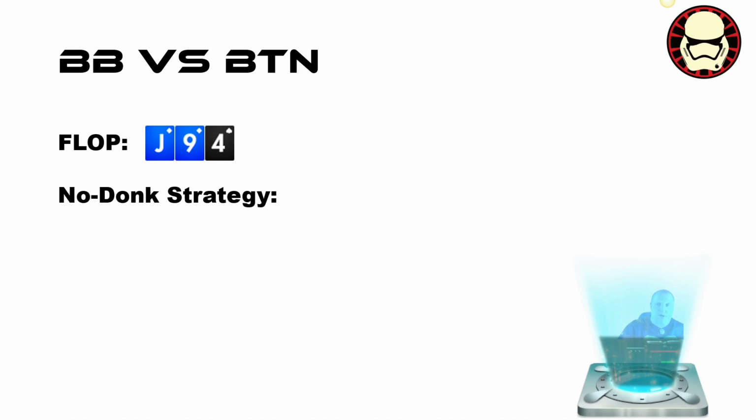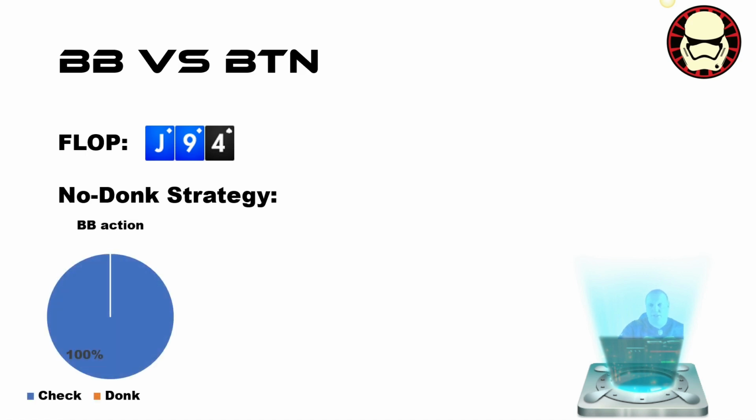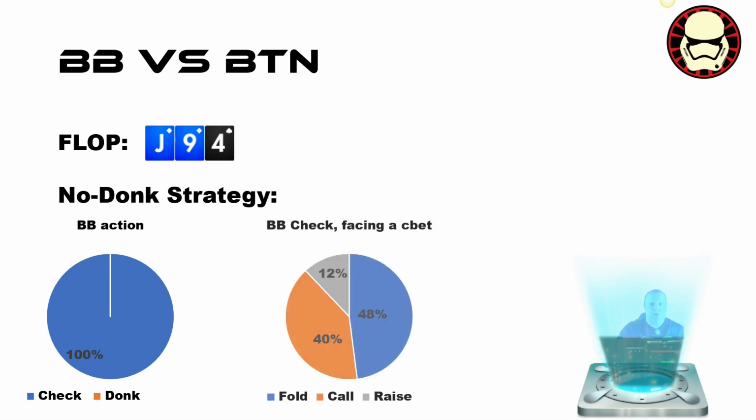If we have a no-donk strategy, which means that the big blind's first action is 100% check, this was the easy road. Then versus the button c-bet, remember, the numbers were 12% raise, 38% call. It doesn't really change much. The only change is that it calls 2% more. So actually, your checking strategy on Jack 9-4 doesn't really change whether you have a donking strategy or not, and that's quite fascinating.